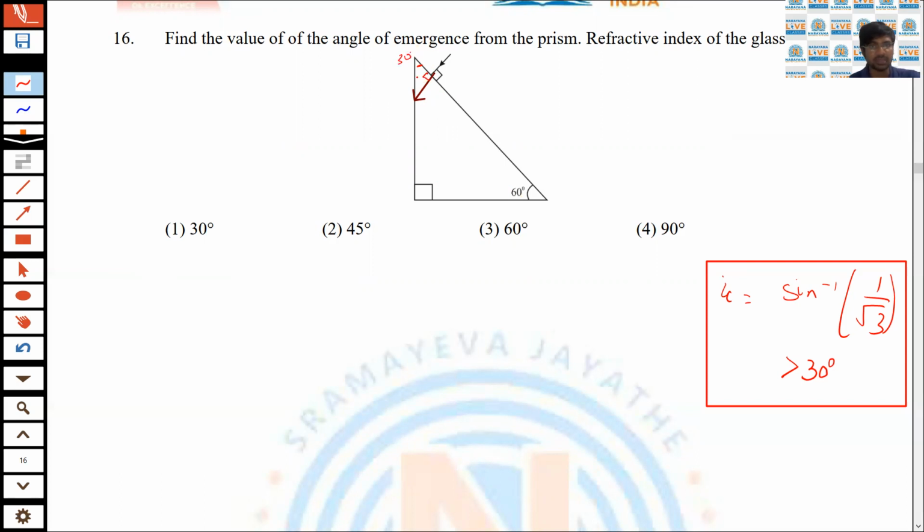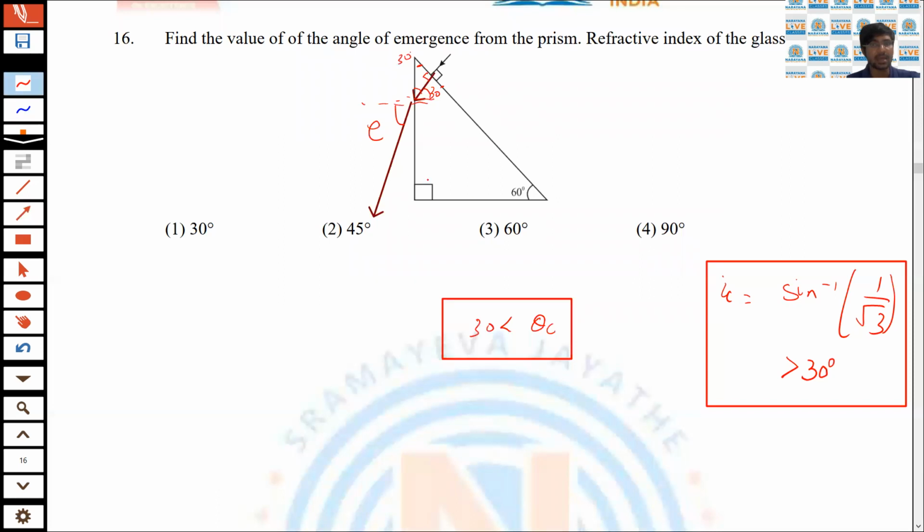Now this is 90, this is 30, this has to be 60. So obviously this has to be 30 degrees, and this 30 degrees is less than the critical angle, which means the light ray will emerge out of this prism like this.